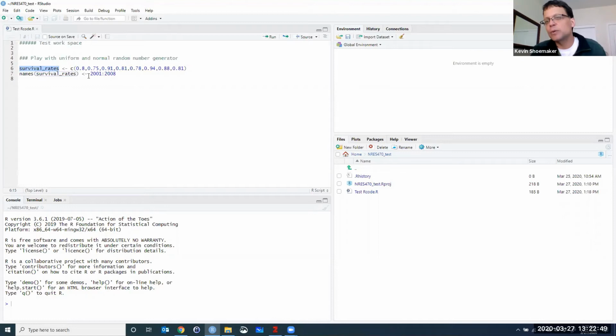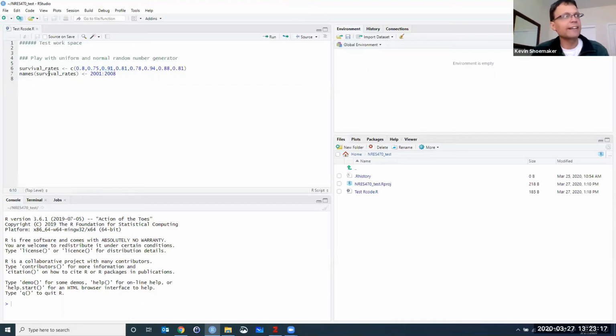So let's imagine we've collected data on a population for multiple years, and we've estimated the survival rate for 8 years, say. We have 0.8 survival in year 1, which was 2001, and 75% survival the next year, 91% survival the next year. So we have good years and bad years, and that's really what environmental stochasticity is all about.